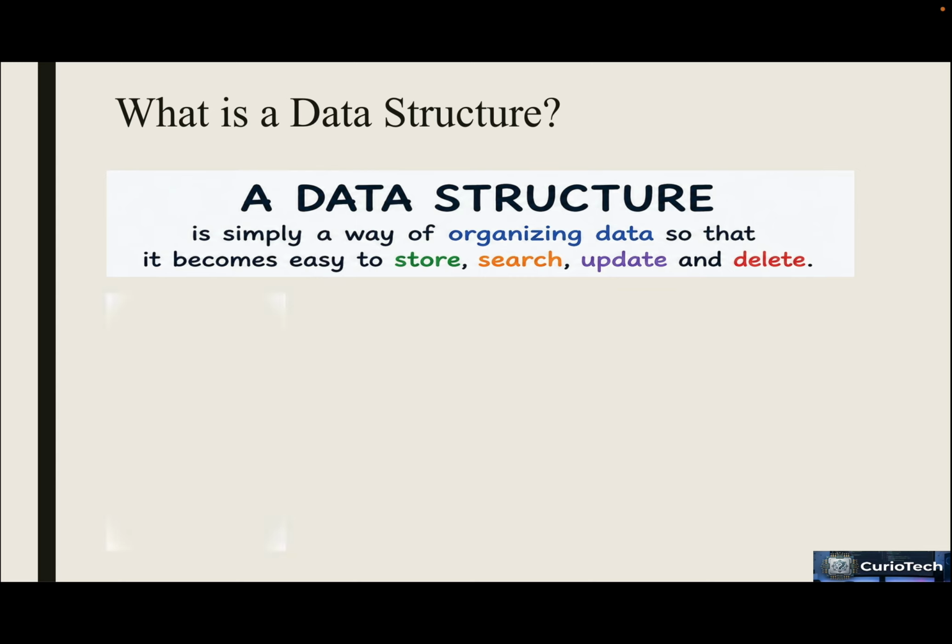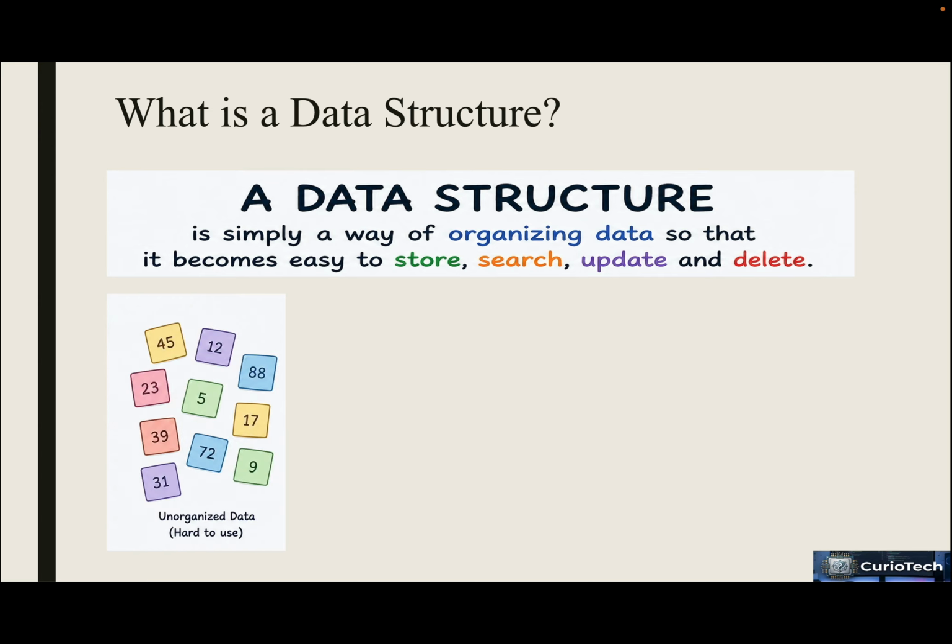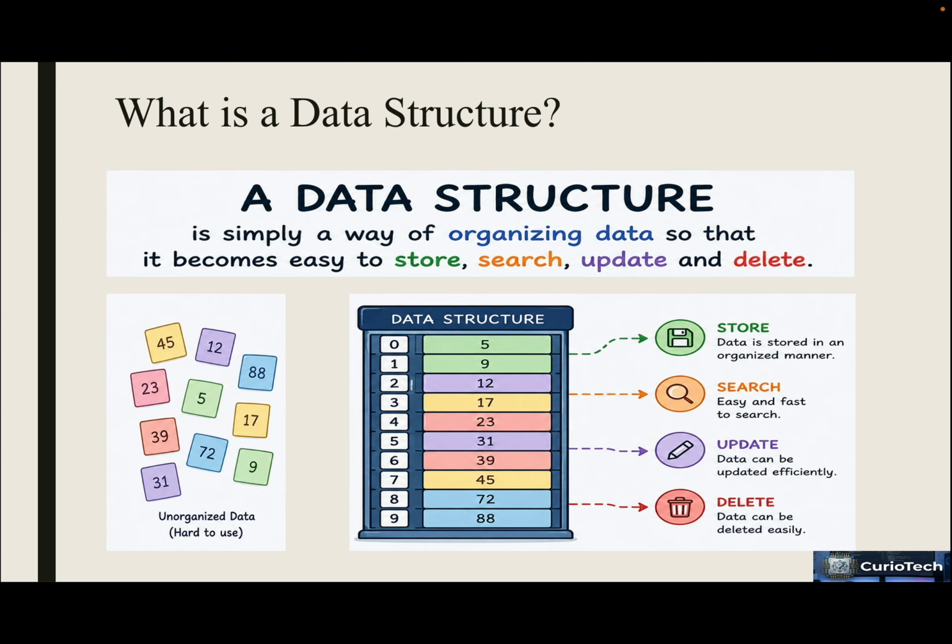Let's take an example of unorganized data. This data here is a bit small, but when we are talking about computers, it could be in millions and billions, right? So here we are taking a small amount of unorganized data, and there are a few numbers as you can see. This data has been arranged by a data structure in such a way that it is going from the smallest number to the largest number. That means this data has been stored in an ascending manner, right?